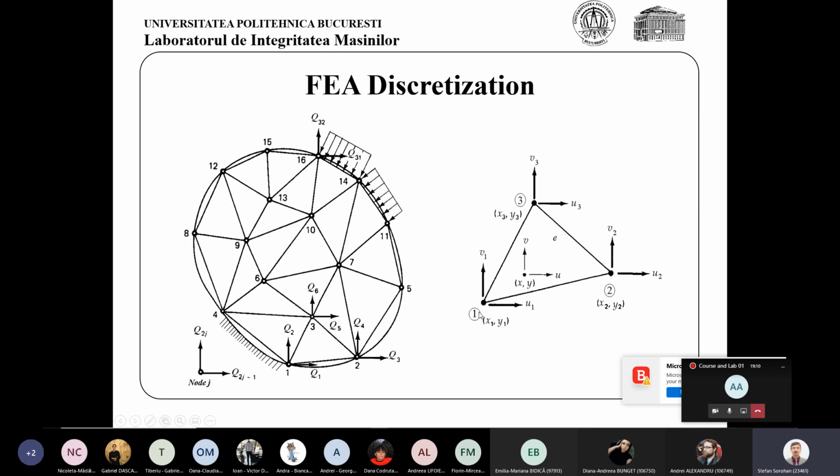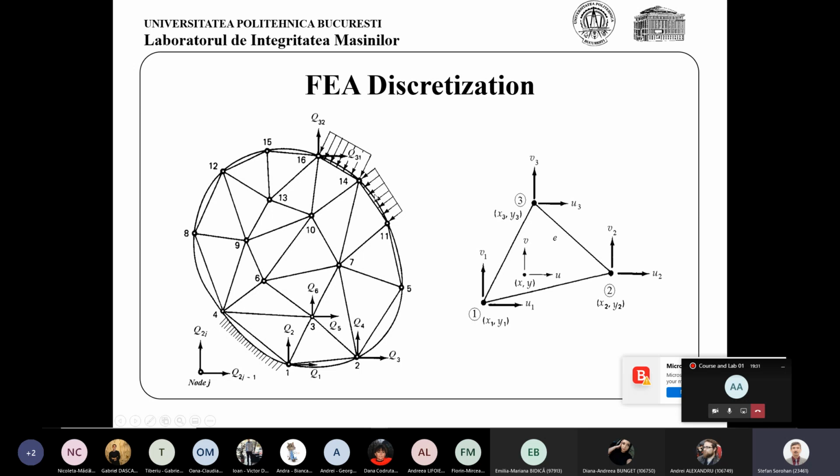This is the key point in finite element analysis. So we have an approximation. We approximate that the displacements inside of this triangle are a function of nodal displacements. But this will be discussed later, just to have an idea.